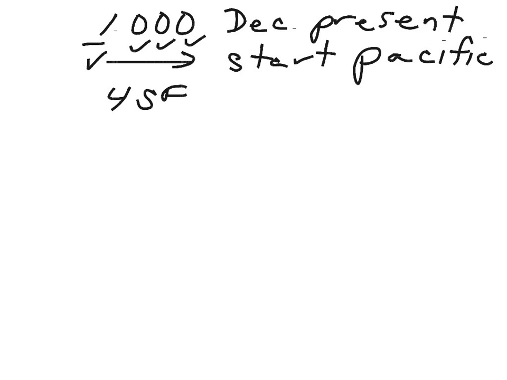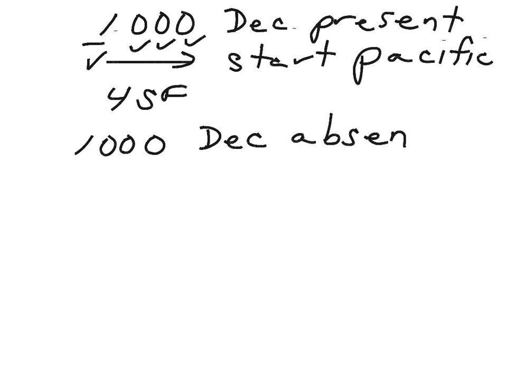Now, if we look at a very similar number, 1,000, that has a different scenario altogether, because in that case the decimal is absent. So we don't start on the left side, we start on the right side, on the Atlantic side. But when we start counting, we always start at the first non-zero digit.